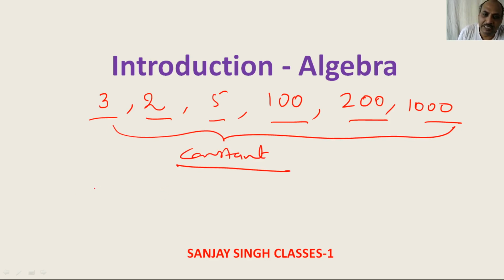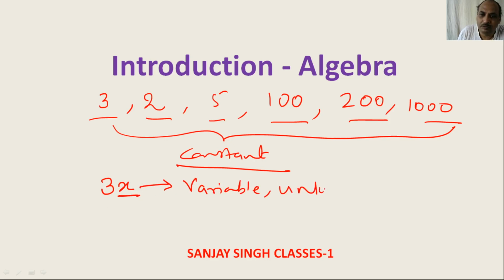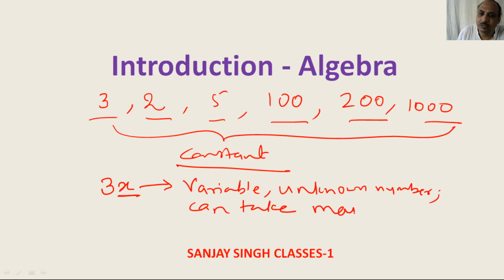But when these constants are along with some alphabet, and this alphabet x is actually a variable, an unknown number, it can take many values. So now in this case it will be called an algebraic expression.